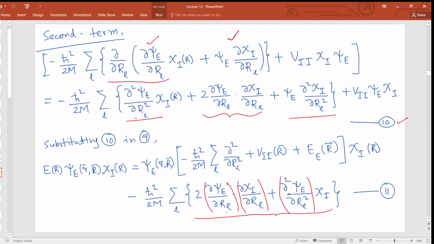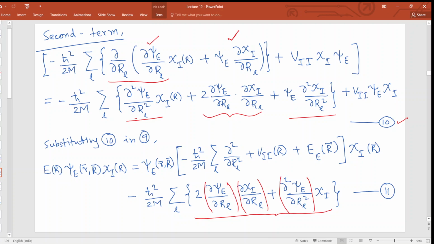Now try to think of the elephant and bee picture. The elephant is trying to move, but the time scale is so large that within that time the bees can at any point move. So here if RL is changing, this psi E will not see any difference, because the relative position of the ion and the valence electron is not changing.